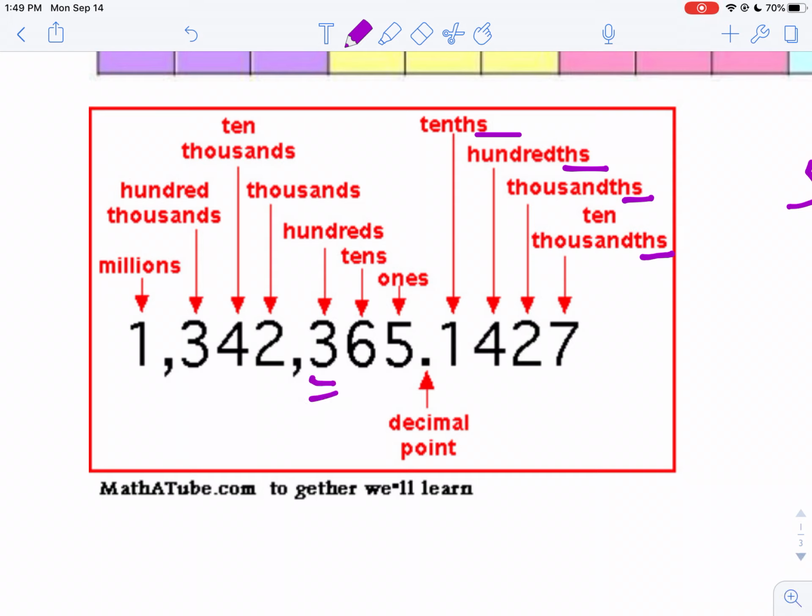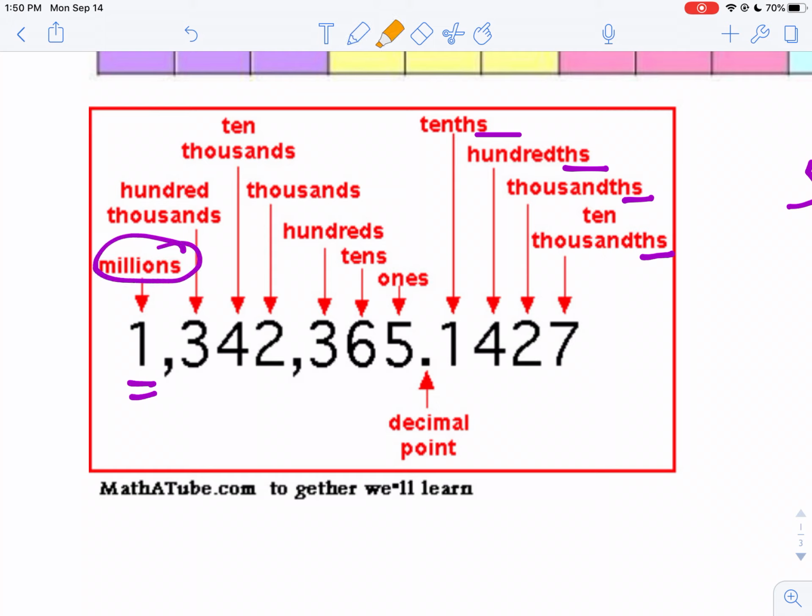What you are going to tell me is 3 in this problem is in the hundreds place. So that's your answer. For the same problem, if I ask you, what is the place value of this underlined number, which is the 1? Again, what you are going to tell me is 1 is in the millions place.